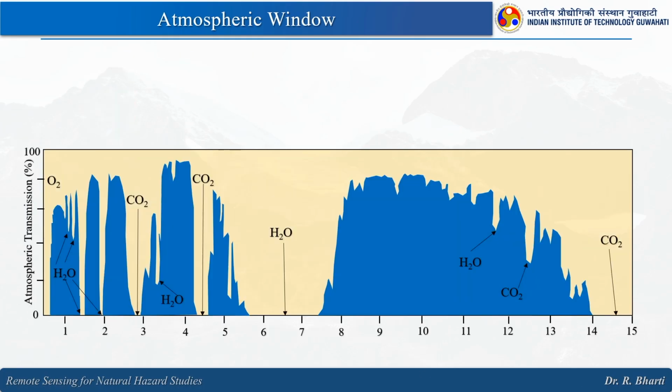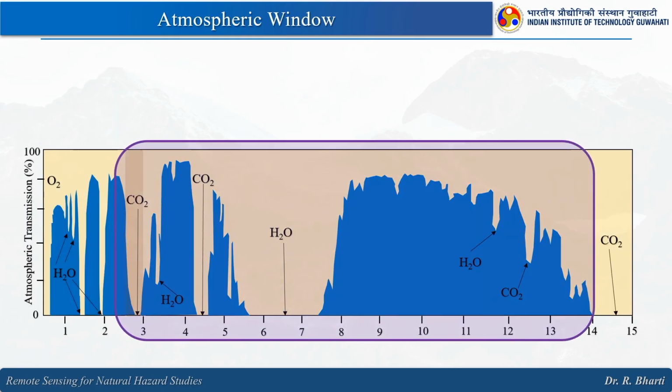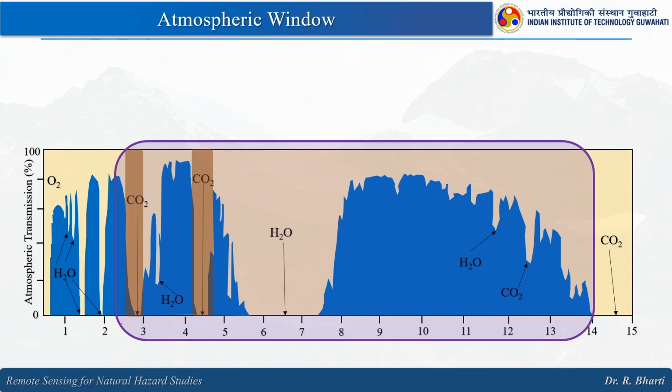I hope you remember the reflective domain. Here we use 400 to 2500 nanometer for measurement of the reflected energy, and here you see from 2.5 to 14 micrometer, that is being used to measure the emitted energy, right.